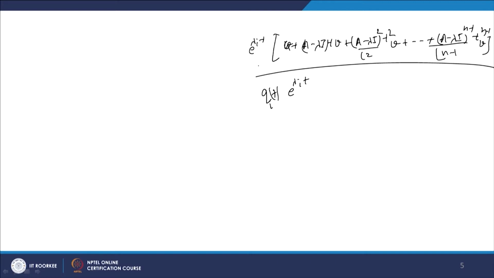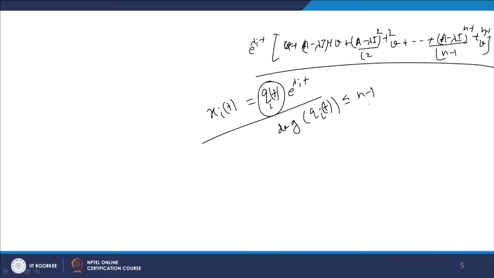So, each column x_i(t) is of this form, and the maximum degree of this polynomial is going to be n minus 1. So, the degree of q_i(t) is less than or equal to n minus 1.